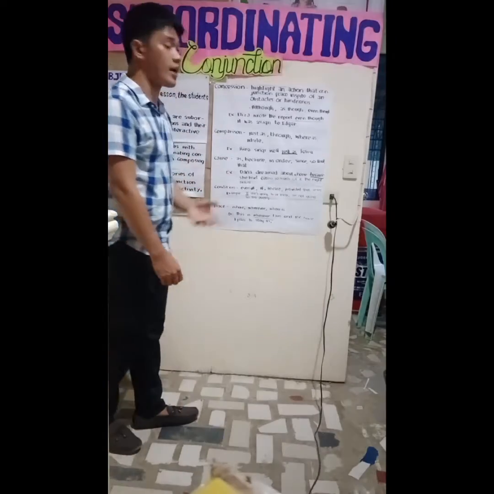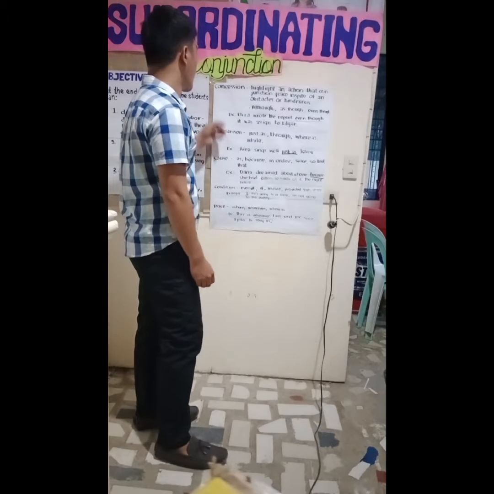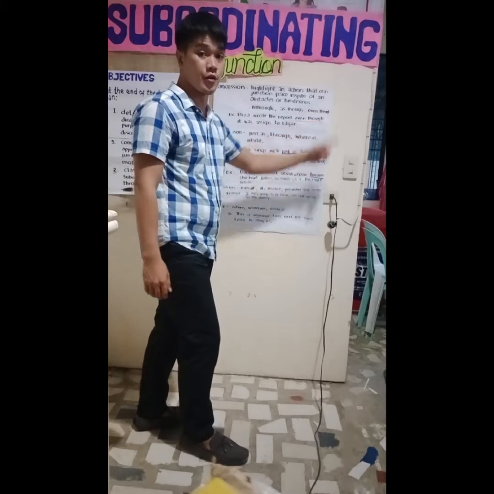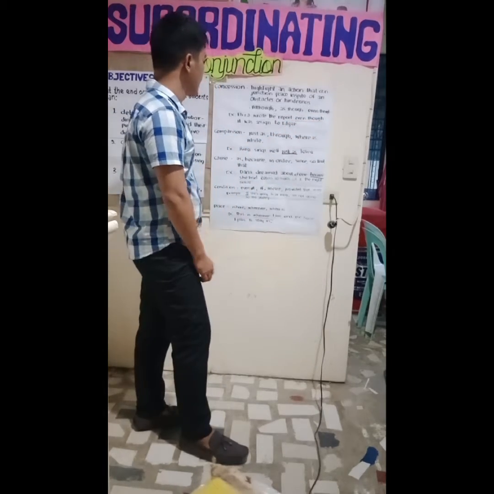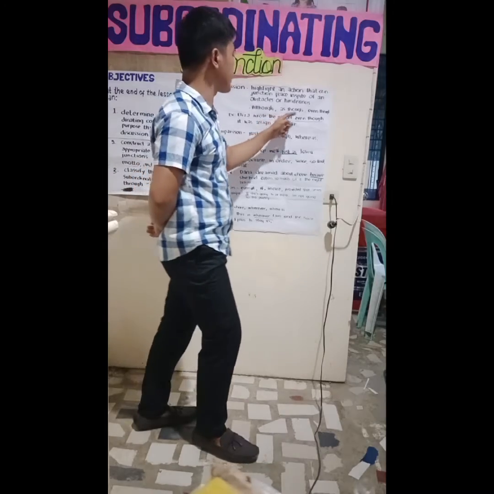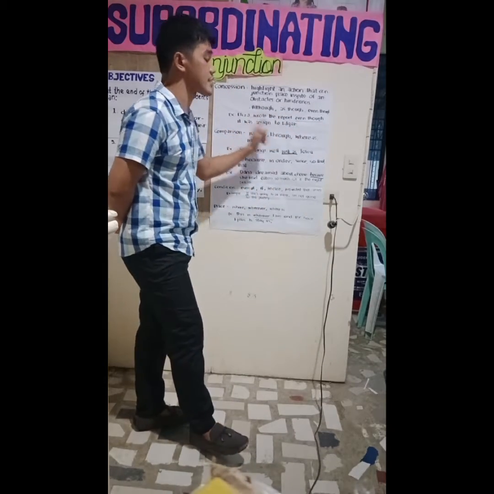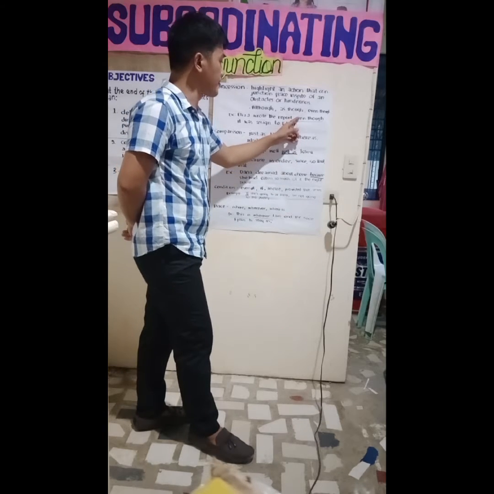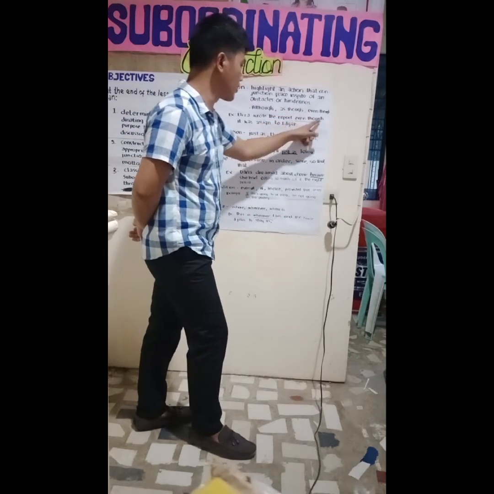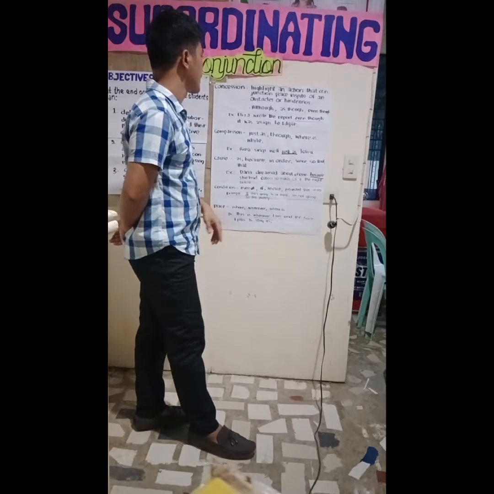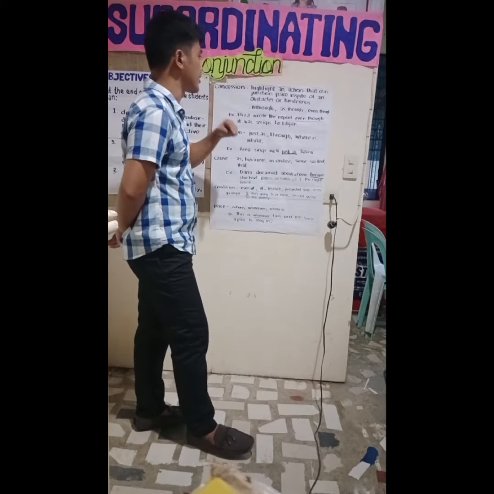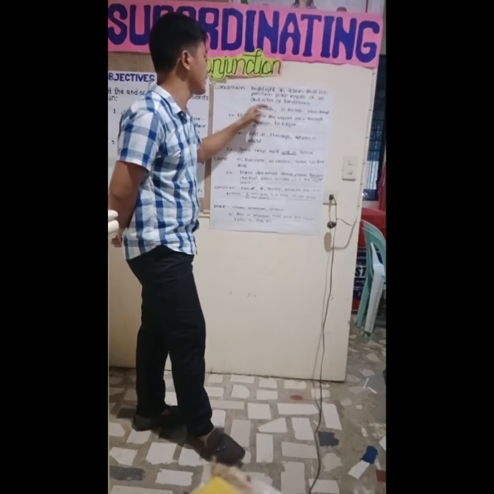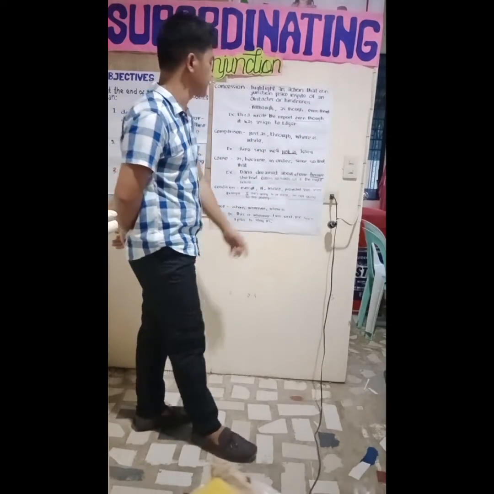The second one is concession. Although, as though, even though. Example: Eliza wrote the report even though it was assigned to Edgar. So the underlined word is even though, because concession highlights an action that continues in spite of an obstacle or hindrance.